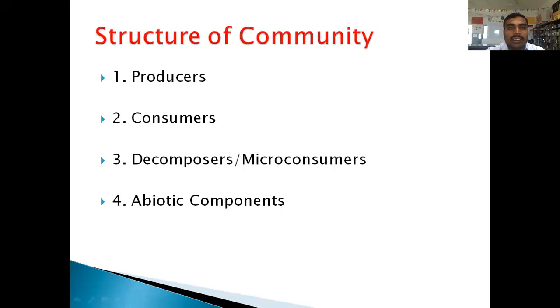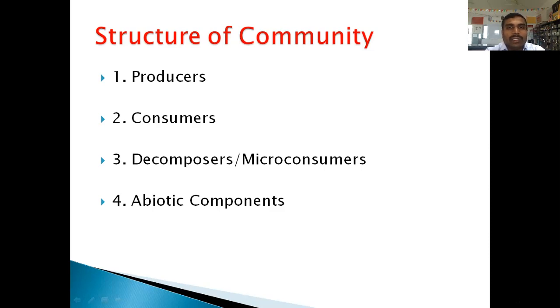Then next, we will study the structure of community. Here, the community is mainly formed of two types of organisms, that is heterotrophic organisms and autotrophic organisms, that we had already seen in biotic community and abiotic components of environment.